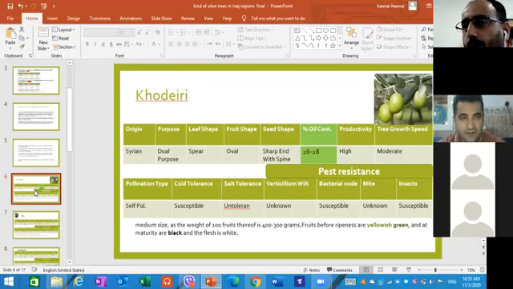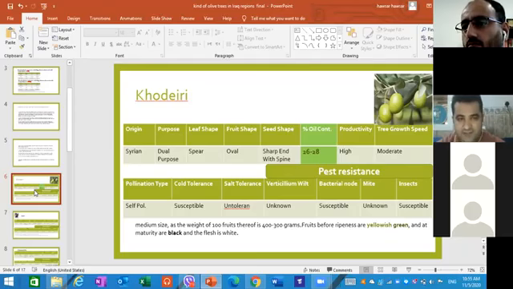First of all, Khuduri. Originally it comes from Syria, and it is dual purpose, for eating and for oil production.